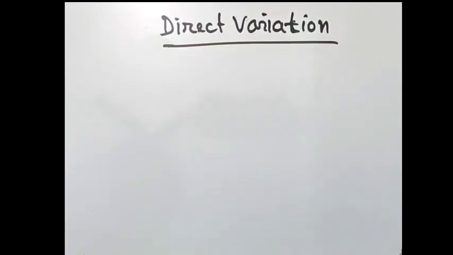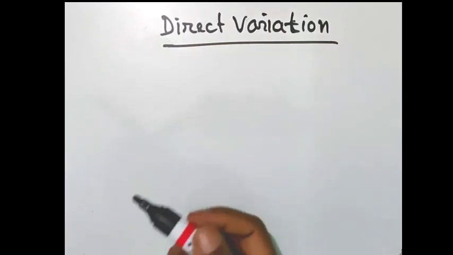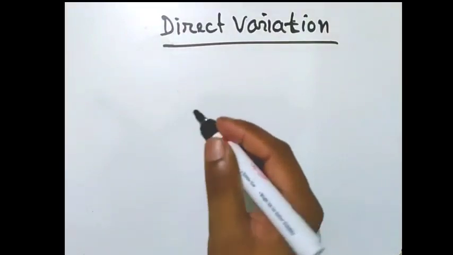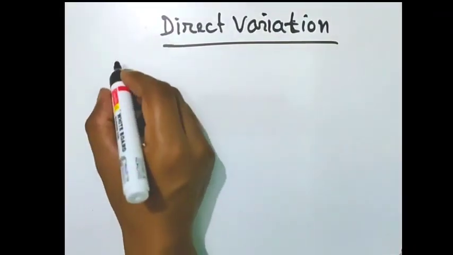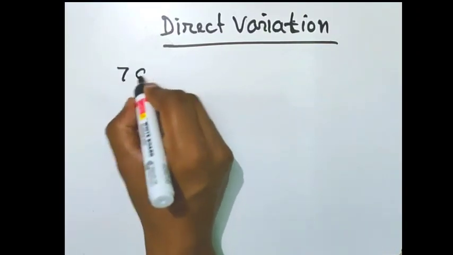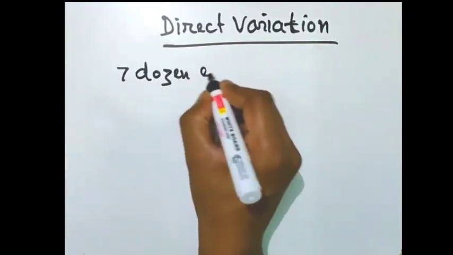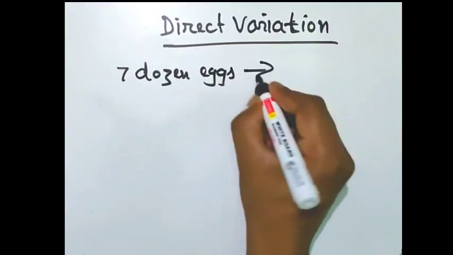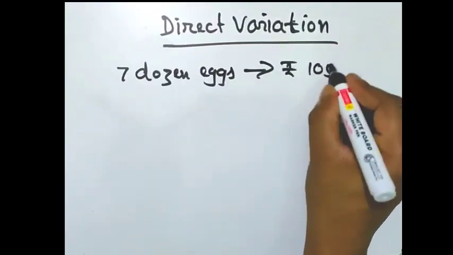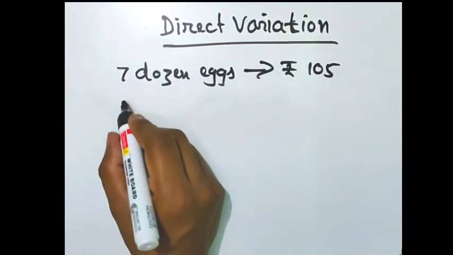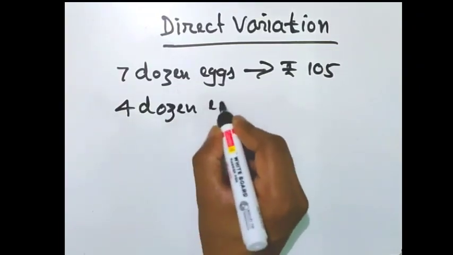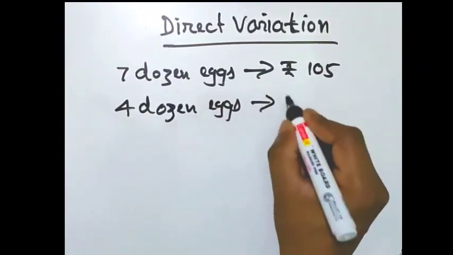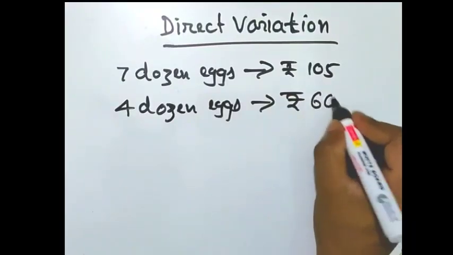Let's take another example to see if the ratio of two values of one quantity is equal to the ratio of the two values of the other quantity or not. So let's say 7 dozen eggs cost rupees 105 and 4 dozen eggs cost rupees 60.